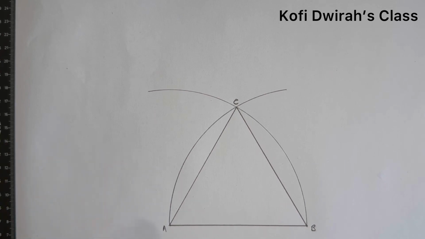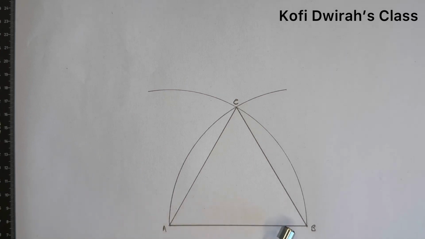So side AB is equal to BC and AC. So this is how to construct an equilateral triangle of side 100 millimeters or 10 centimeters.